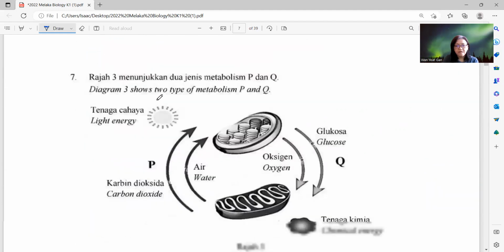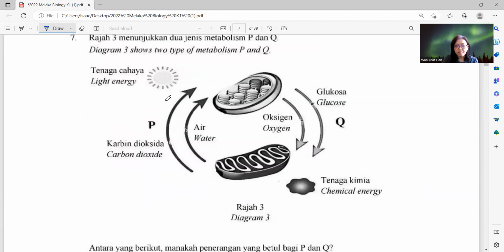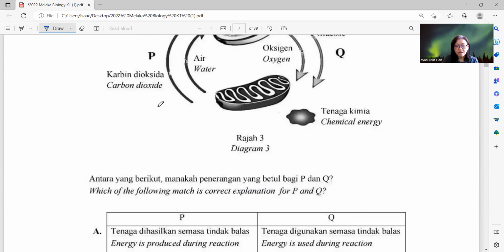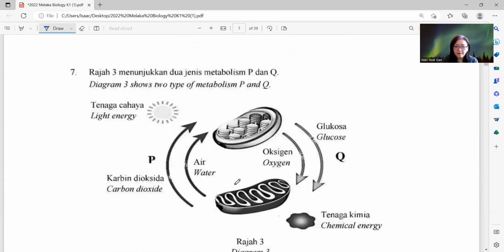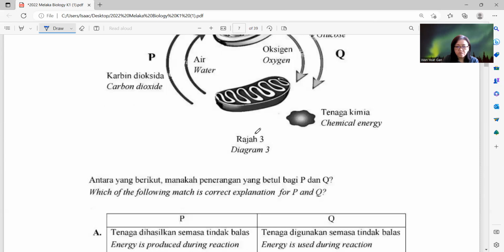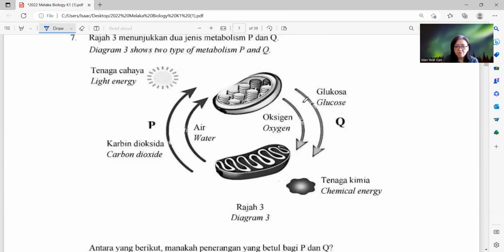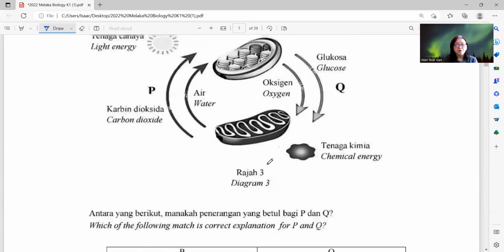Okay, number 7. Diagram 3 shows 2 types of metabolism, P and Q. Which of the following match is correct explanation for P and Q? Okay, so here you can see that water and carbon dioxide is absorbed into the chloroplast for photosynthesis, and then after that produce glucose and oxygen, which is used by the mitochondria to produce energy.